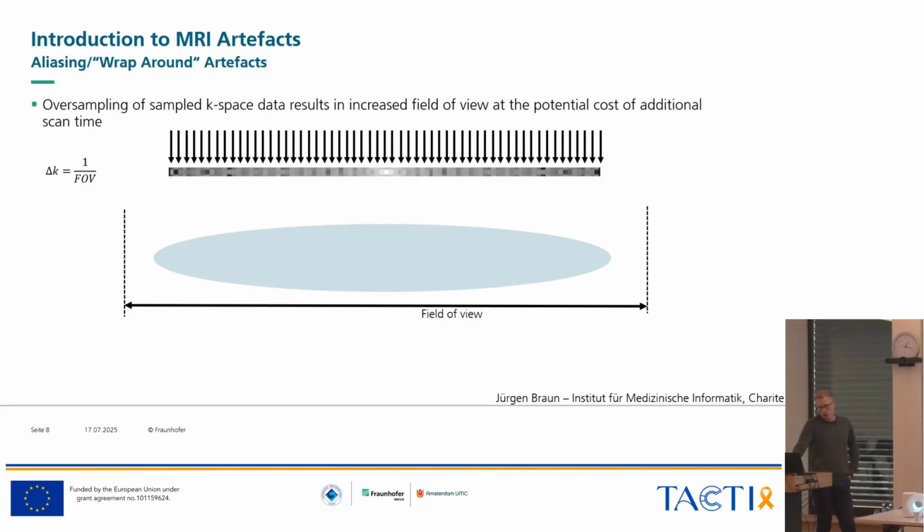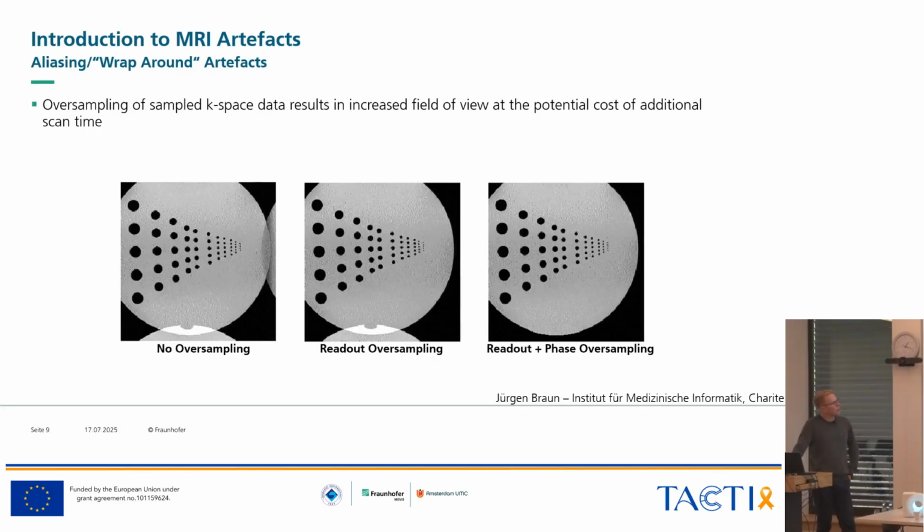And this is usually what all of the systems apply on a daily basis for the readout direction, because as this is the frequency encoding direction, you can just sample at double the bandwidth, and then cut off the not needed parts of the field of view in the end. So you usually do that.